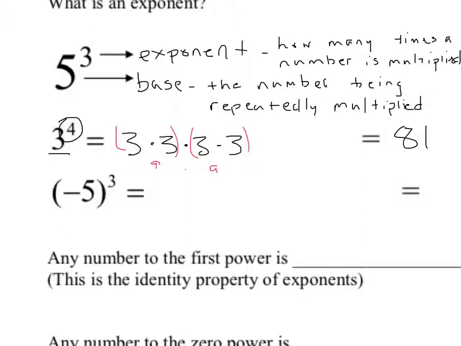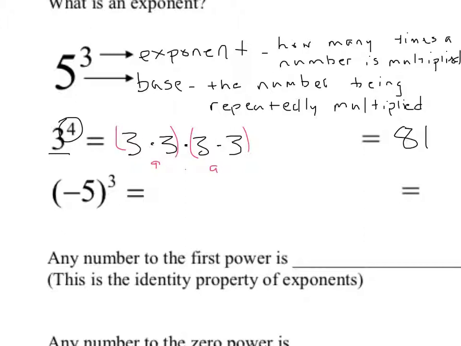All right? So when we look over here at this next one, we have negative 5 to the third power. Notice the negative 5 is in parentheses. This is to make sure that we understand it's a negative number being repeatedly multiplied, not that we want the negative of whatever the answer is. So that's why it's in parentheses like that.